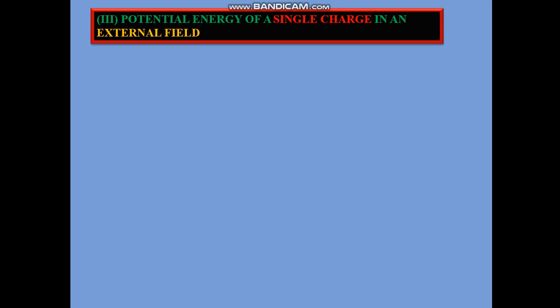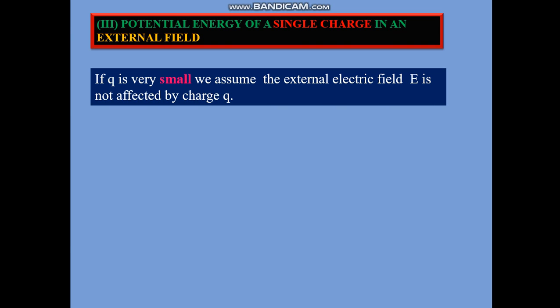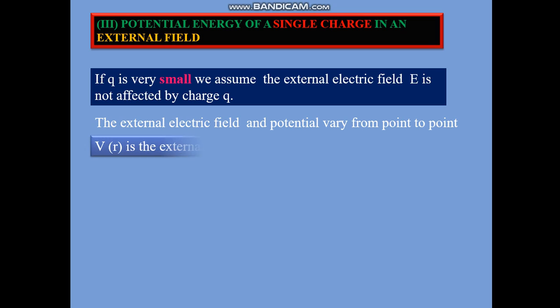Now let us see the potential energy of a single charge in an electric field. All this we are seeing in an electric field. If q is very small, we assume that the external electric field E is not affected by charge q. But if q is considerable, the external electric field and potential vary from point to point.